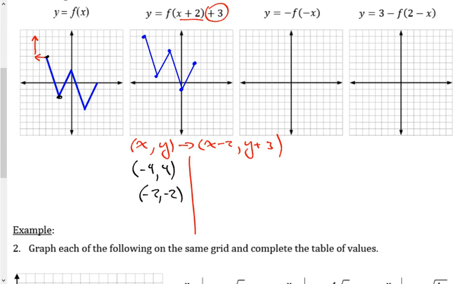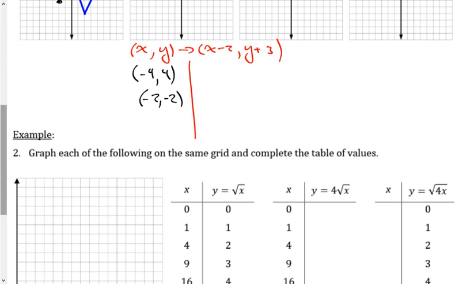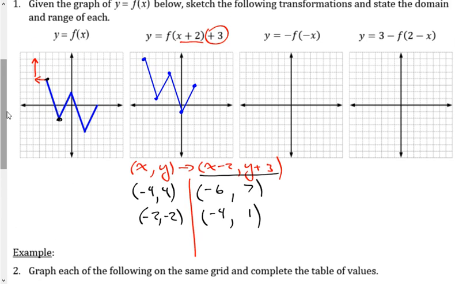Then we could list it out for all the key points. And once I have my algorithm, which is this mapping, then I can just apply it to each point. So x is decreased by 2, so -6 and -4. y is increased by 3, so 7, 1. And I don't really have to think, I'm just number crunching, right? So I come up with these ordered pairs, and then I can plug them in here, and I can see, oh, this is (-6, 7), that was that point up there, and (-4, 1) was this point here.